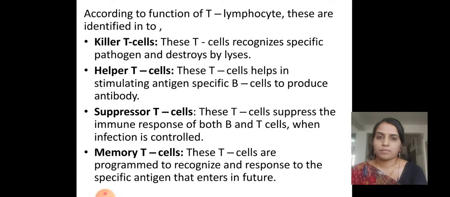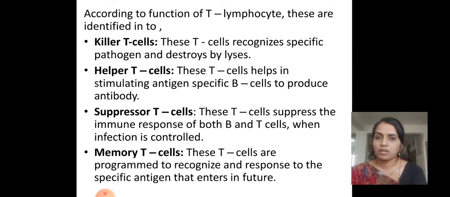Suppressor T cells. Now what is the role of the suppressor T cell? These T cells suppress the immune response of both B and T cells when the infection is controlled. When the infection and defense mechanism is going on, the whole body is concentrated on the same defense mechanism.